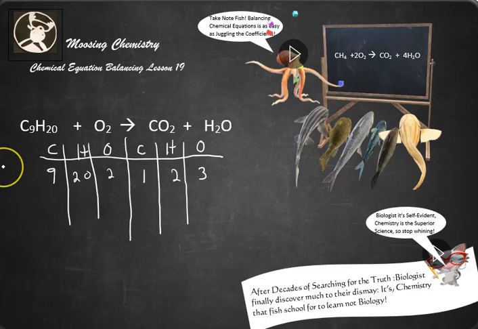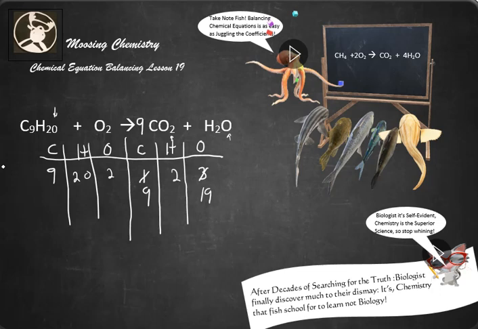All right. So first thing I would do is I go after my carbons. So I'm going to put a 9 in there because I can, because it's a coefficient, right? So I put a 9 there, but that changes my oxygen count. So I've got 9 times 2 plus 1 gives me 19 oxygens, okay? And look at our hydrogens. We have 20 hydrogens right there, all right?